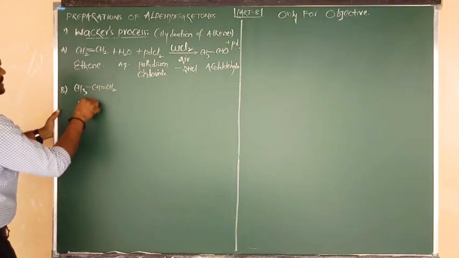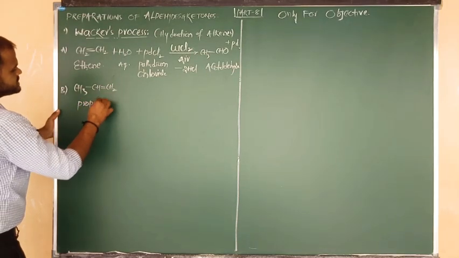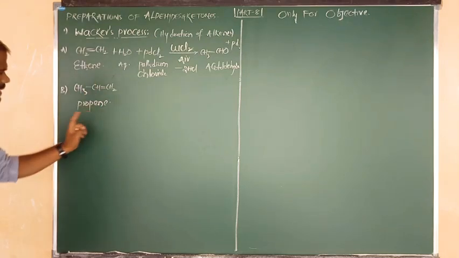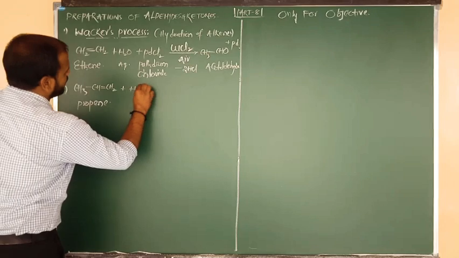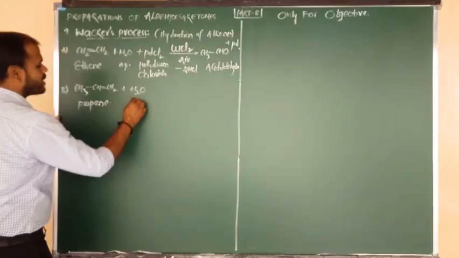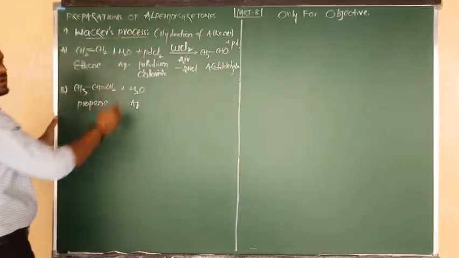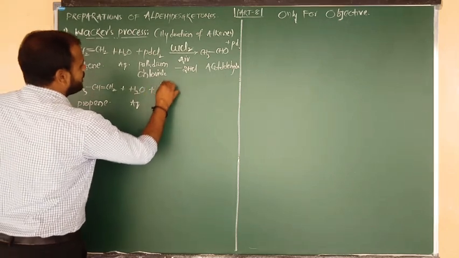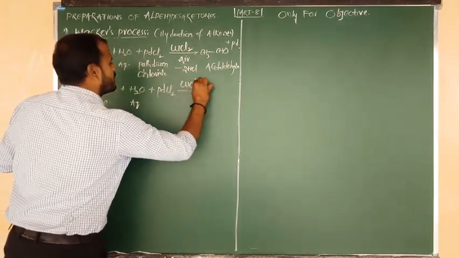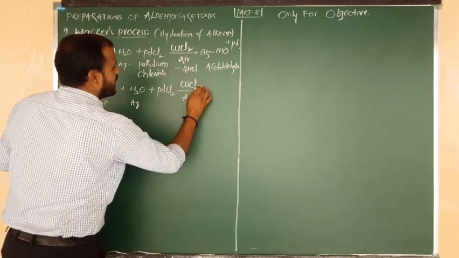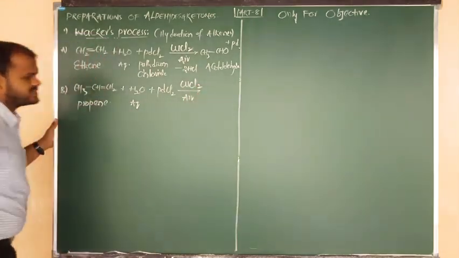The name of this compound is prop, ene, or simply 1-propene. 1-propene upon reaction with water, H2O, coming from the palladium reagent, aqueous PdCl2 and cupric chloride in presence of air, that is, in presence of oxygen.